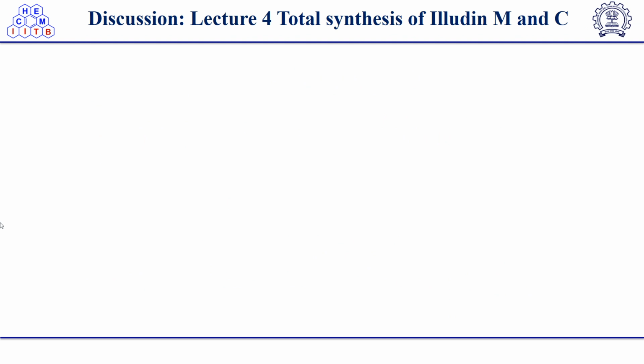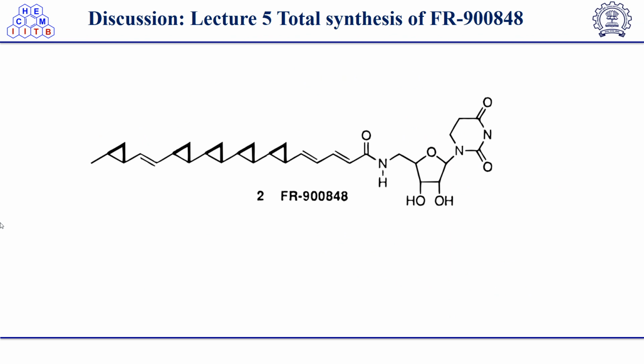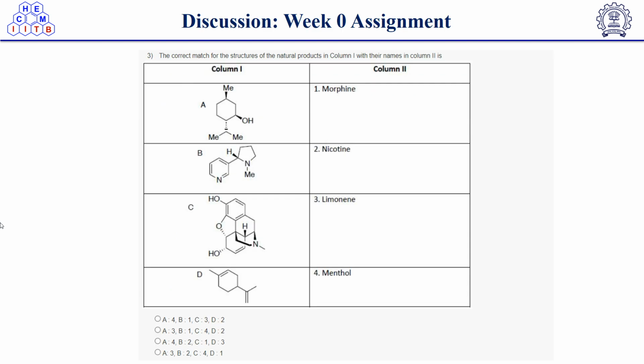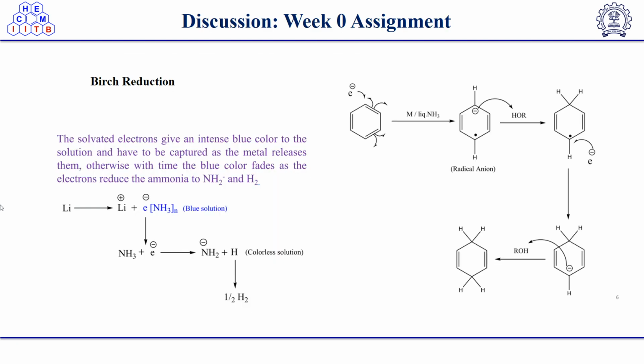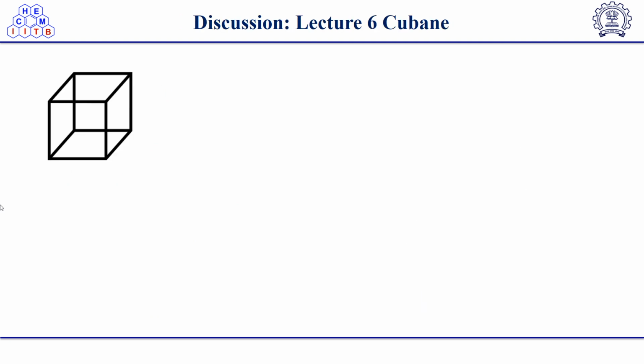Then we started the discussion of total synthesis with natural products having three membered rings like illudin M and illudin C, then FR900848. Then we discussed some questions as well in our first week, that is the week 0 assignment, and some other questions also. Then we discussed some name reactions.